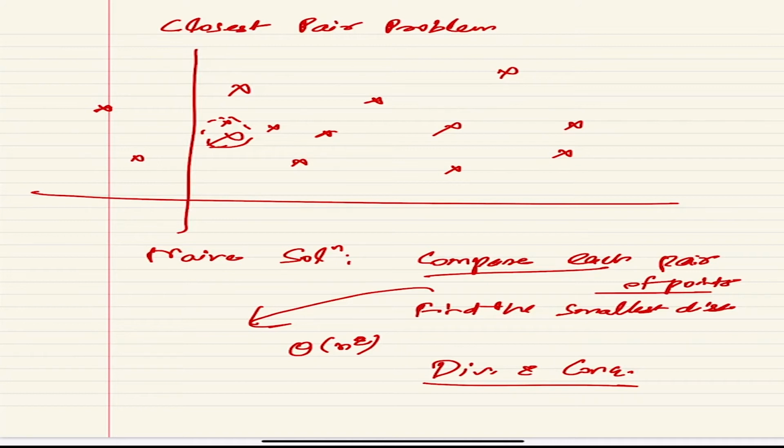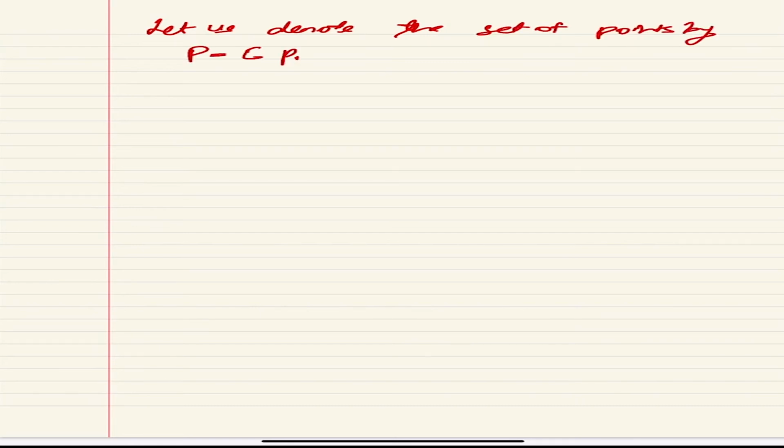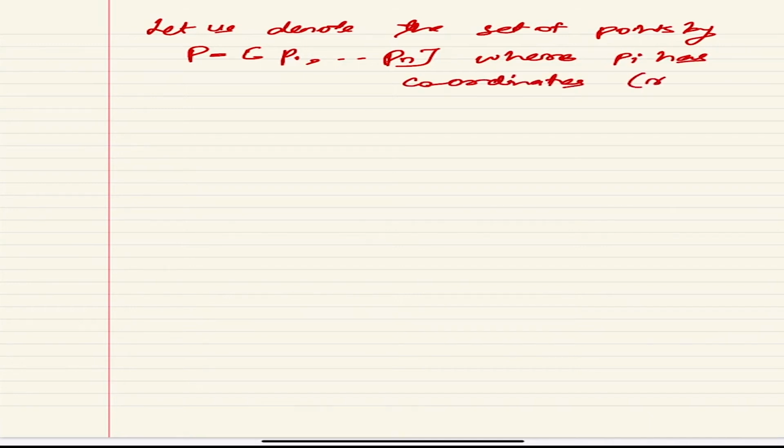Let's see how we will do this. Let's first formally denote these points. Let us denote the set of points by P, we have p1 to pn, where each pi is a point and pi has coordinates, say xi, yi.